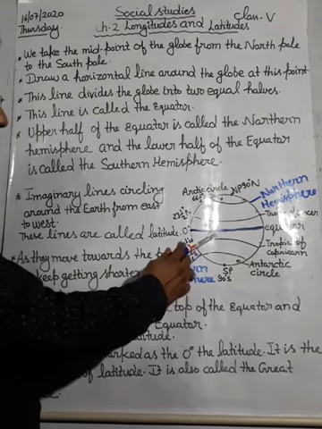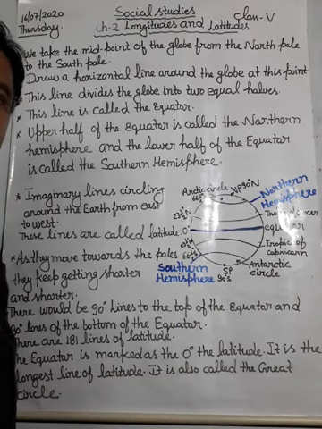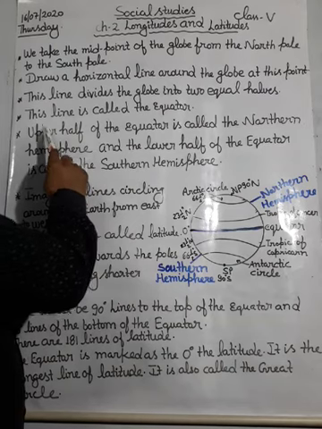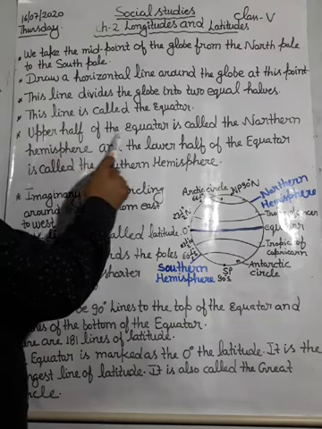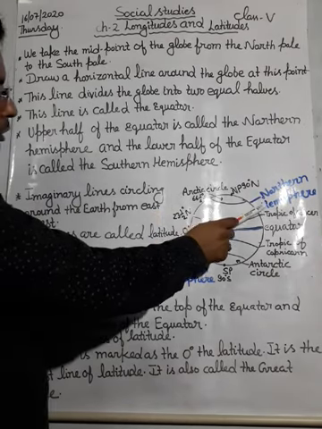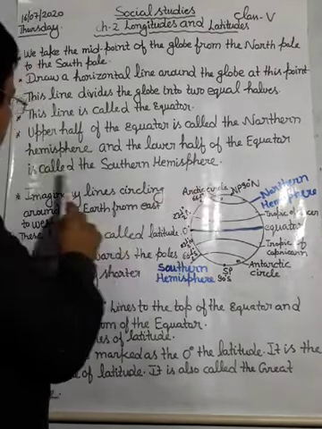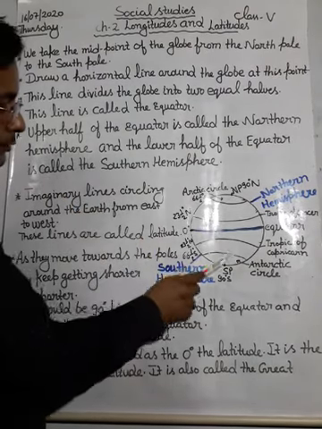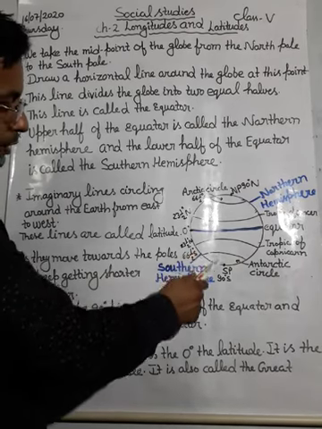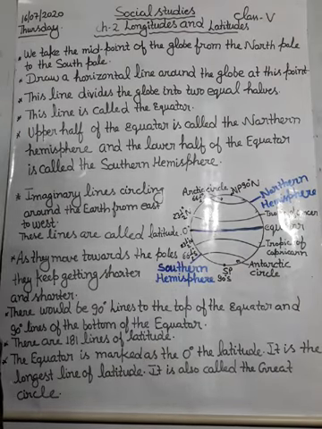So the equator divides the earth into two equal halves, northern hemisphere and southern hemisphere. The upper half of the equator is the northern hemisphere, and the lower half of the equator is the southern hemisphere.